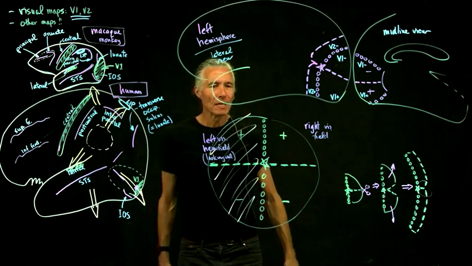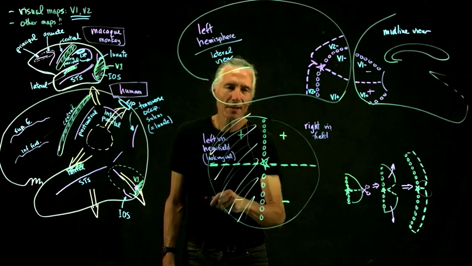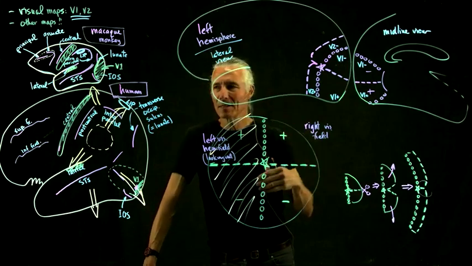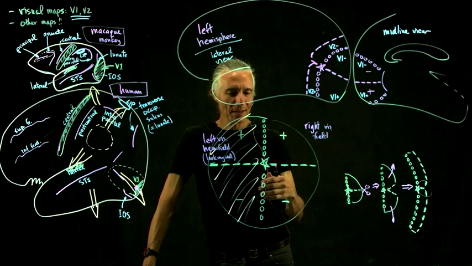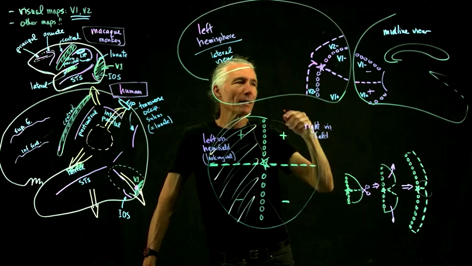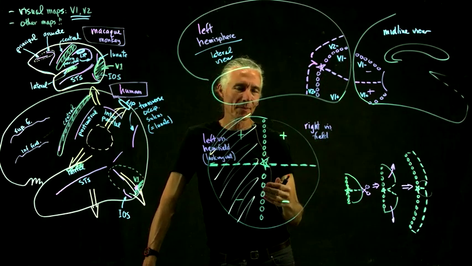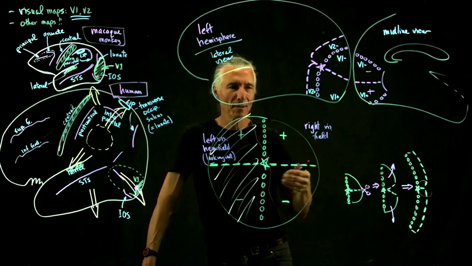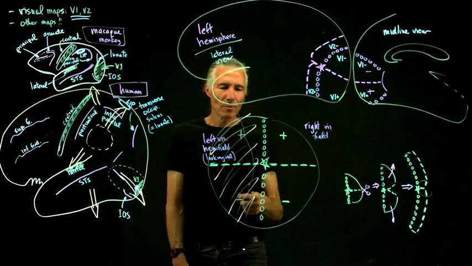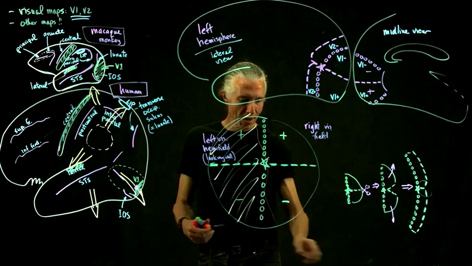You can do these map problems in two versions. You can say, here's what it looks like in the visual field, tell me what it looks like in the brain. But you could do it the other way around: here's something in the brain, tell me what it looks like in the visual field. I can work some of these problems during the review, so you can get a feel for it. But let's just do the one.